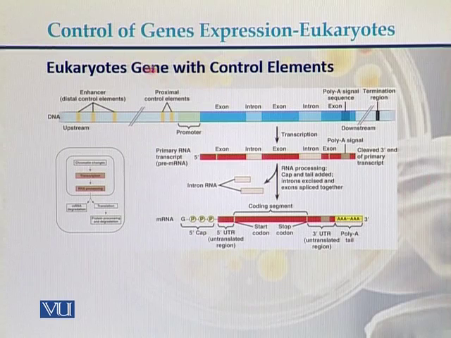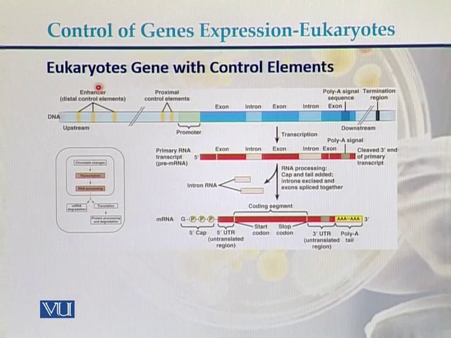A eukaryotic gene with control elements. Here we can see that this is a eukaryotic gene that consists of exon, exon, and intron. Here is the poly A tail. Here is the promoter region of the gene, and here are the sequences called proximal control elements. Then there are sequences called distal control elements.